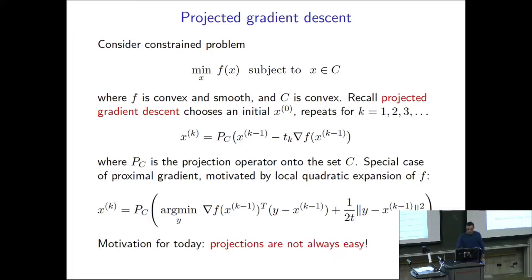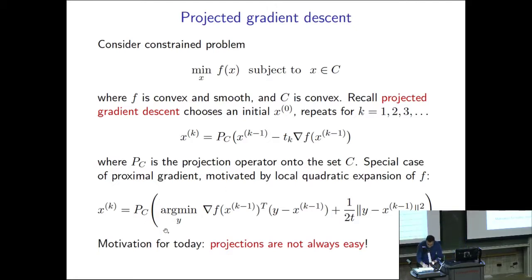So I think about this plus f of x^(k-1) as a quadratic approximation to my function at the point y. And if I were to minimize this quadratic approximation, I would get exactly this gradient update, x minus t grad f. That was, in fact, the motivation for gradient descent. And then we just project that onto our constraint set.